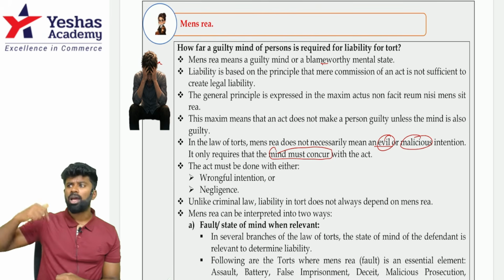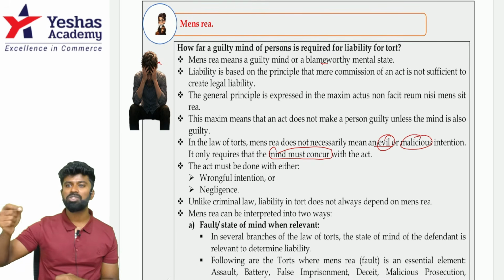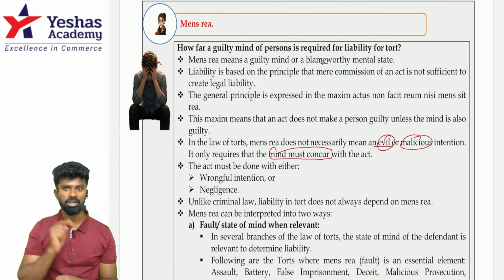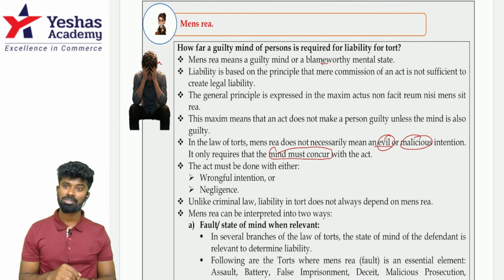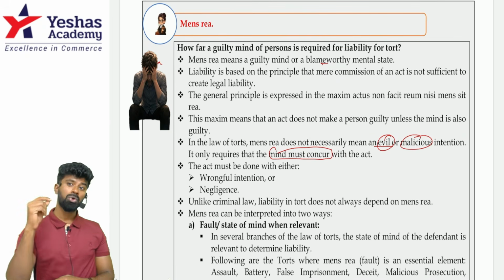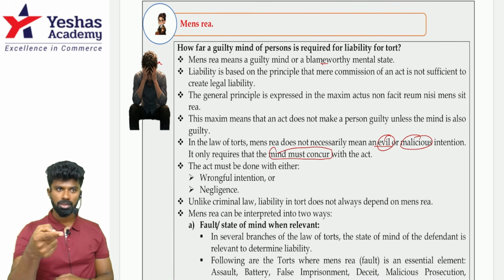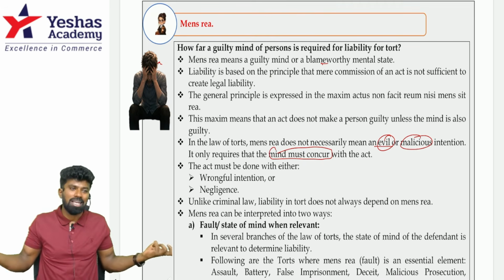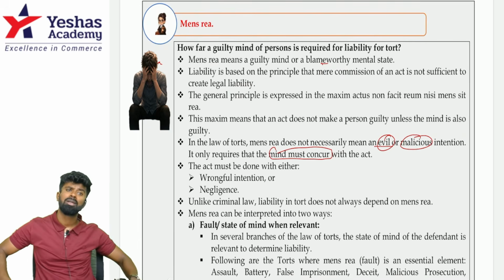You neither foresee nor desire, but you fail to exercise the due care which you are supposed to take either as per the law or as per the contract. That is called negligence. What is recklessness? You know the consequences of your acts, but you perform it because you take that risk recklessly, carelessly. That is called recklessness. All these are called what?